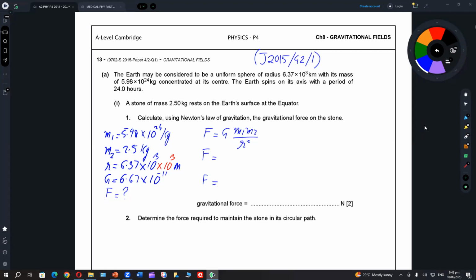Put all the values. One answer I'm getting is 24.6.